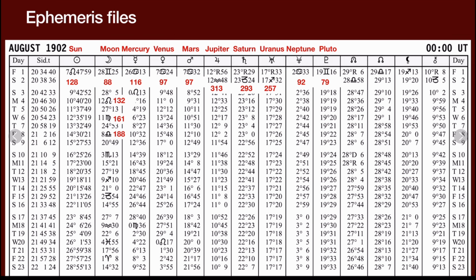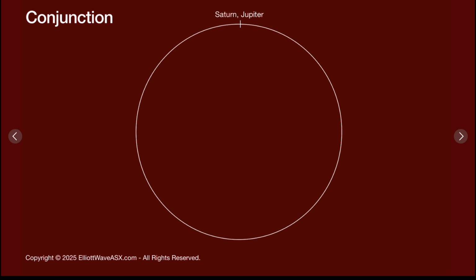With Gann's work, it's the relationships or angles between the planets, that is, the number of degrees they are apart, that is important. Or, of course, when they are at the same degree. If the planets are at the same degree, it's called a conjunction, or the planets are conjunct.